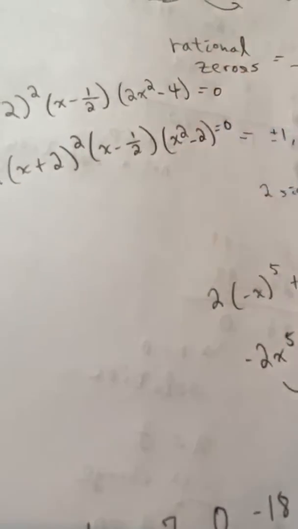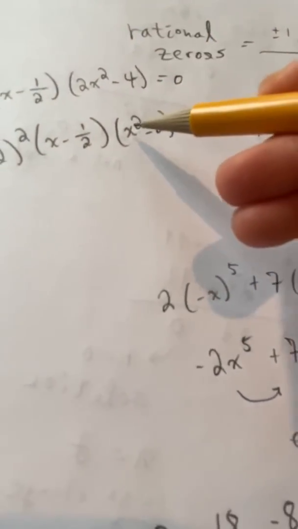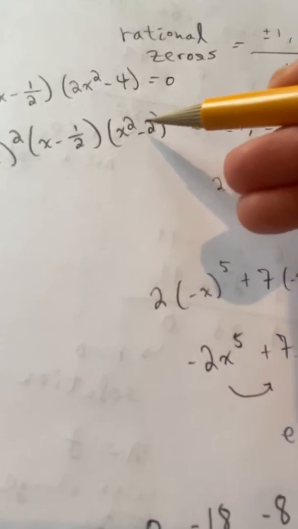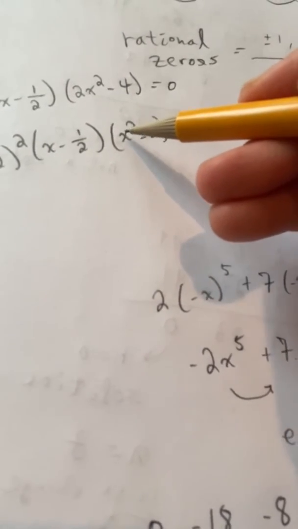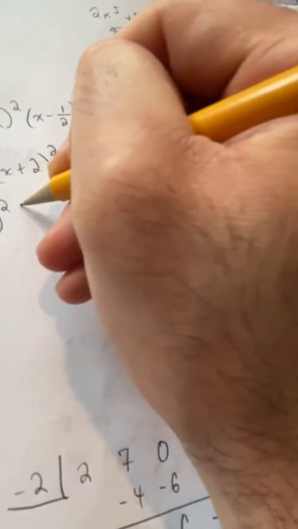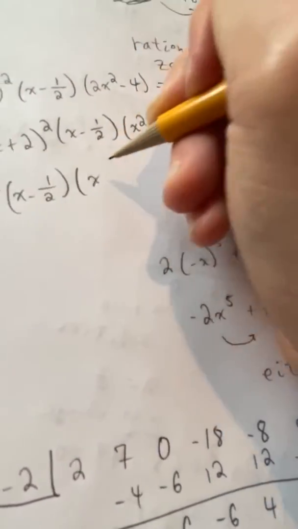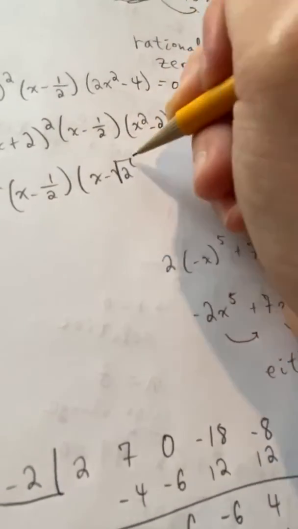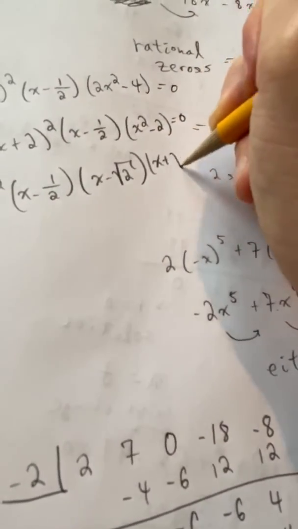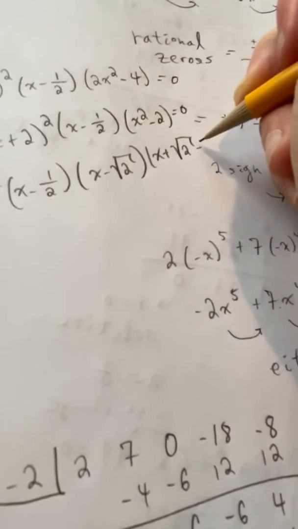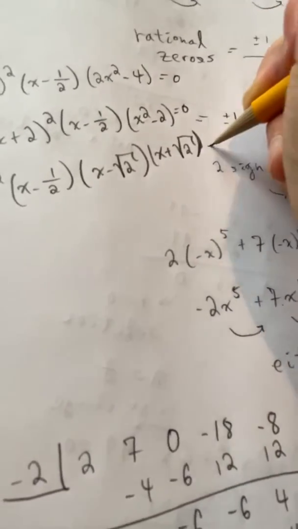Again, this isn't a difference of squares, but we can still factor it like one. We take the square root of each term, and we're left with x minus square root of 2 and x plus square root of 2, equals 0. Okay, and we can check that on our graph.